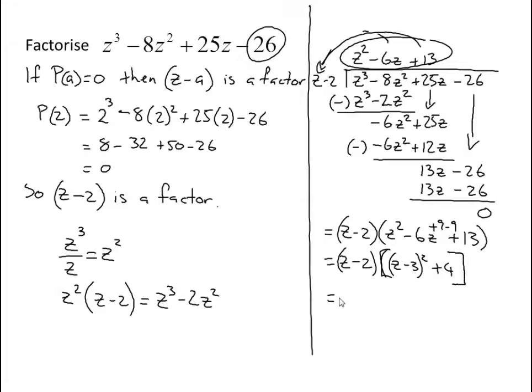So z minus 2, z minus 3 plus 2i, and z minus 3 minus 2i. So a difference of 2 squares for that one. Okay, and we've got 3 linear factors.